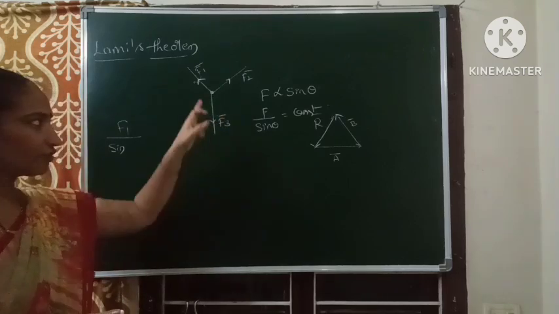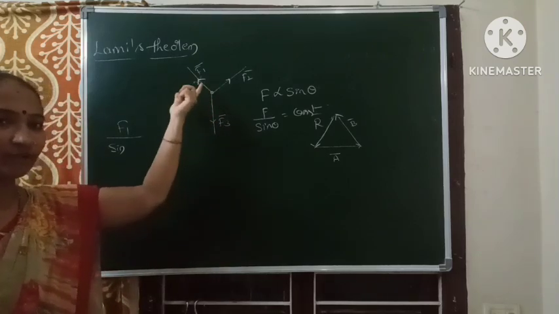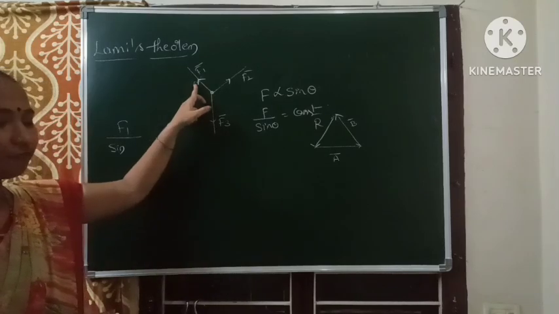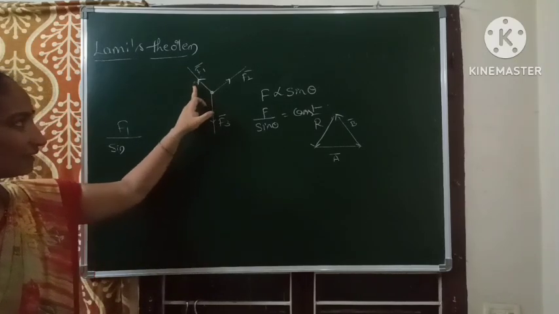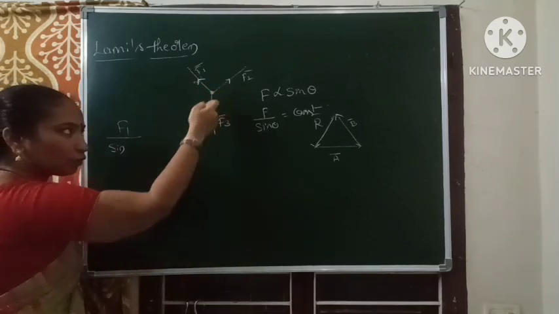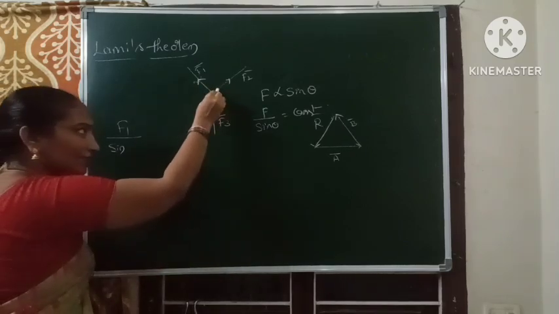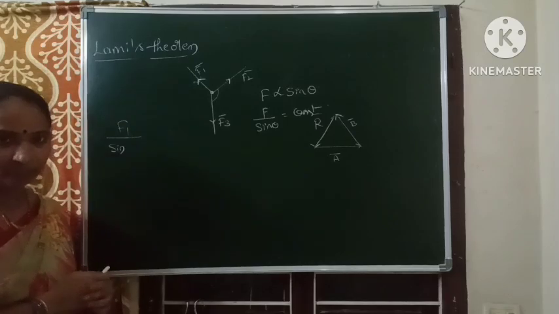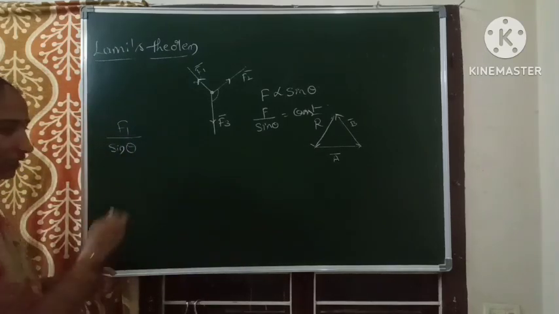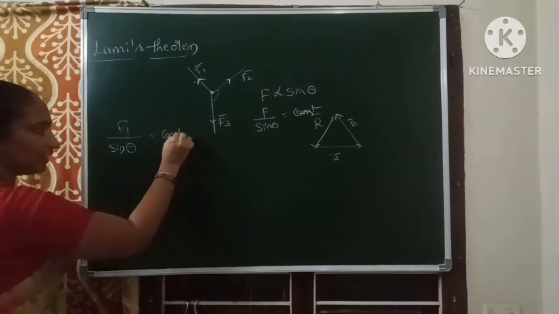The first force is F1, the magnitude of F1 bar is F1. So the ratio of the magnitude of F1 and the sine of the angle between the two other forces, that angle, sin theta, is always constant.